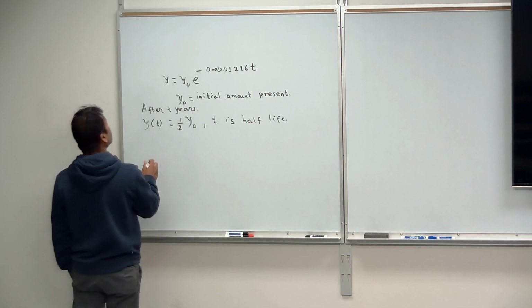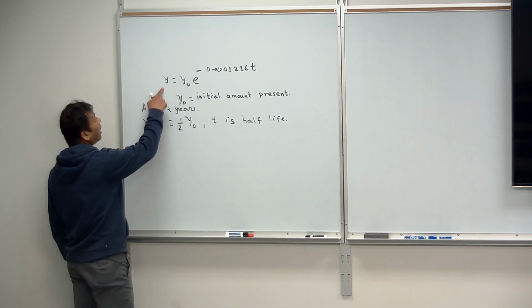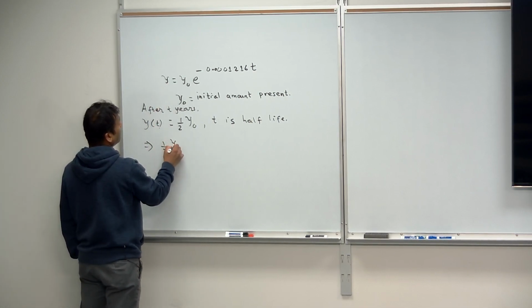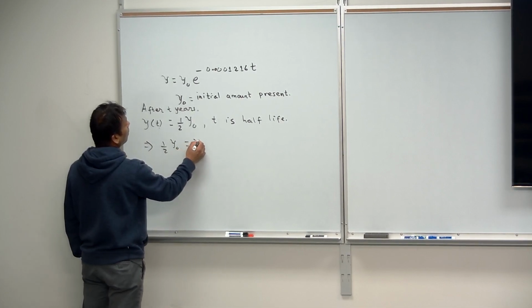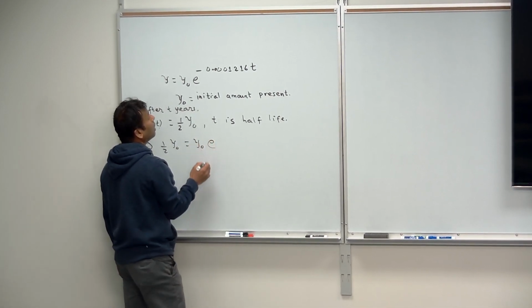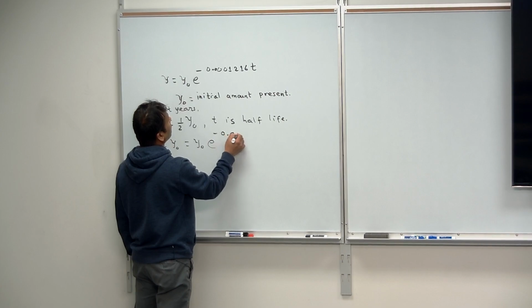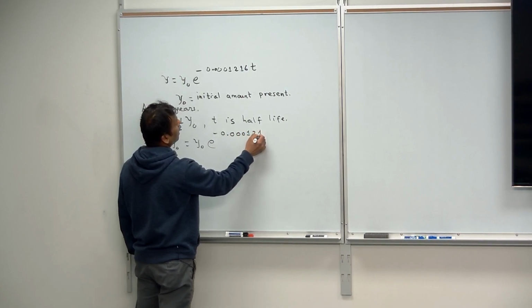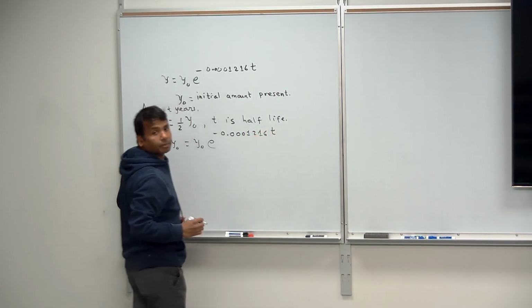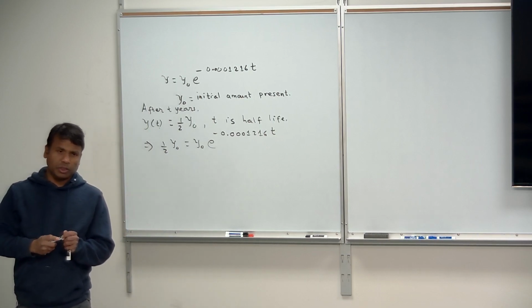So y t equal to half of y0. You plug in half of y0 here: half y sub 0 equal to y sub 0 e to the power negative 0.0001216t. You see what I mean, right?